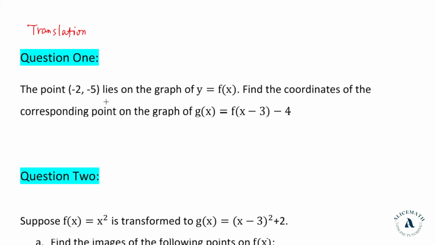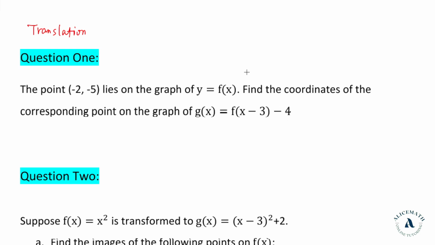The first question: the point negative 5 lies on the graph of y equals f(x). Find the coordinate of the corresponding point on the graph of g(x). So g(x), written in terms of f(x), equals f(x minus 3) minus 4.